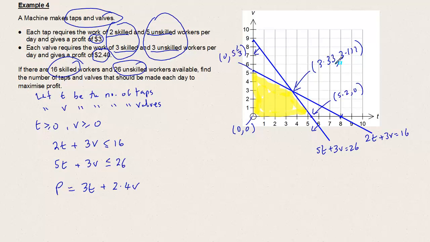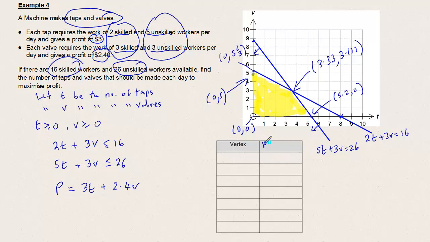But once again, we can't actually make fractional amounts of these things. So what we need to do is look at integer valued coordinates which are close to the vertices. For example, just here, we'd look at 0, 5.